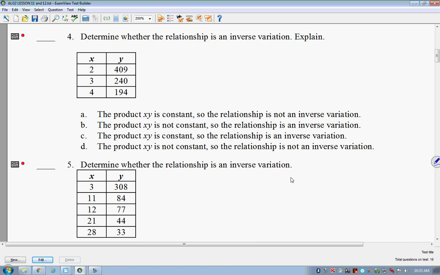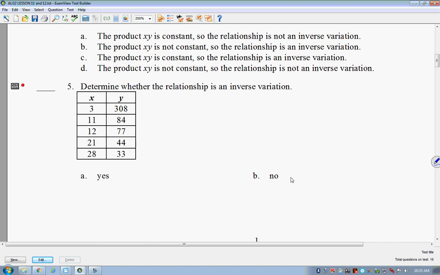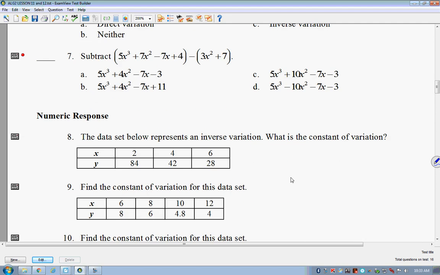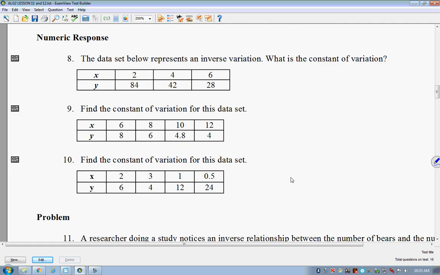All right? Let's look at, let's see, I'll try to find another. Let's go down to like number 8. Something where we're looking at the data a little bit differently. The data below represents an inverse variation. Let's find a constant. What do I have to do with my numbers? All right, what's 2 times 84? 168. 4 times 42.